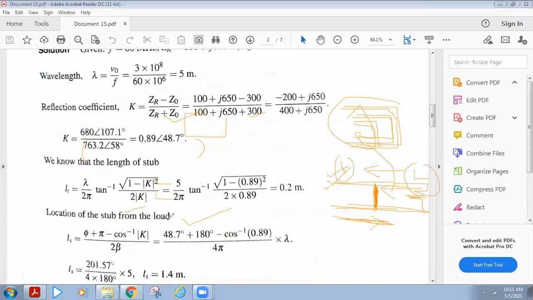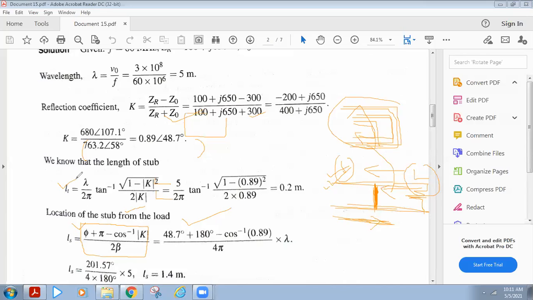Location of the stub from the load: stub location equals phi plus capital phi minus cos inverse k by 2 beta.